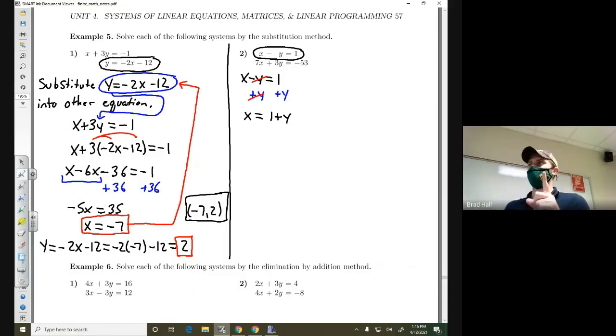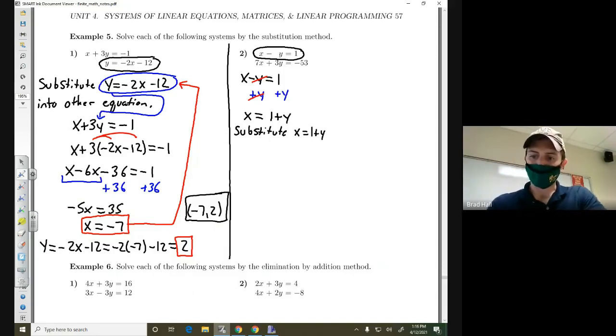And so I accomplished what I initially needed to. I picked one equation and I isolated one of the variables. I picked the top equation and I chose to isolate x. You can definitely isolate y if you want to. It doesn't matter, it's going to work the same way. So now we're going to substitute this into the other equation.